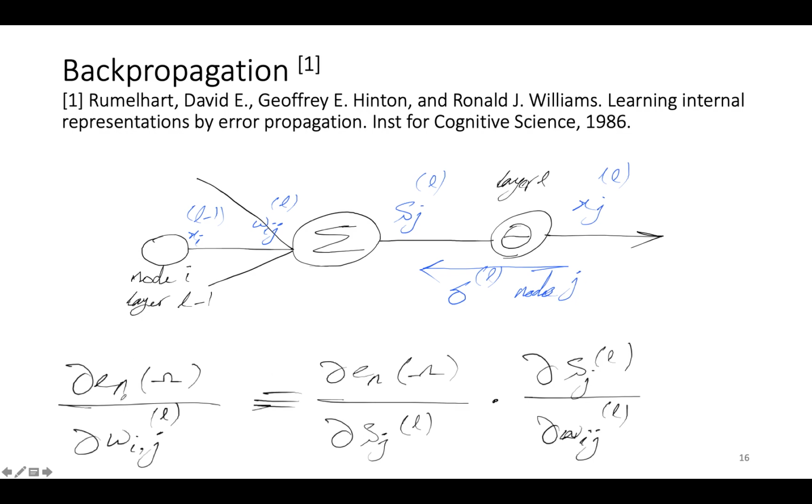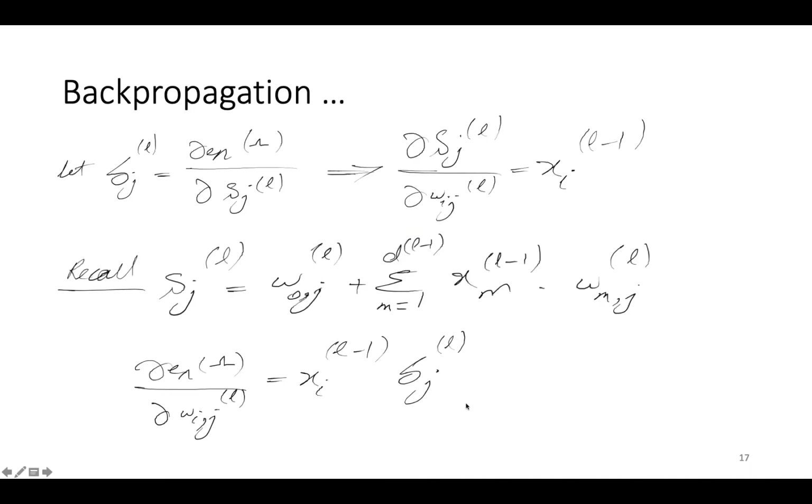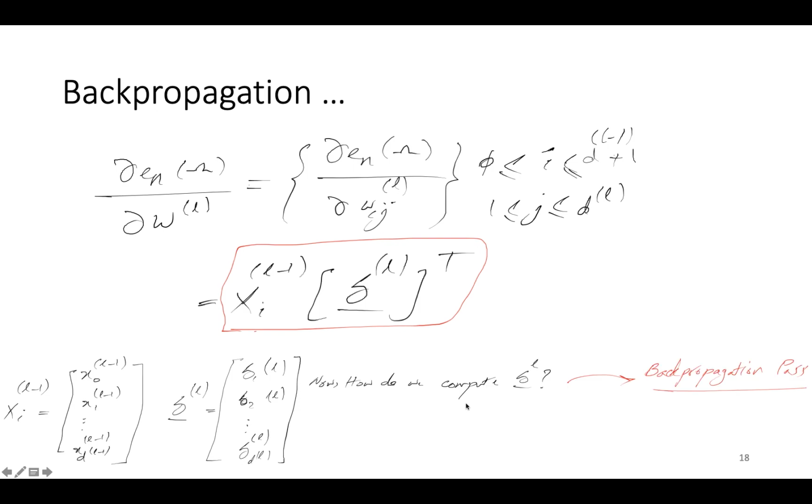You can expand on this by the hidden layer in between, because at the end of the day, these two are the same, right? This is still a partial of E_n by W. We're just expanding on it. Okay, questions?